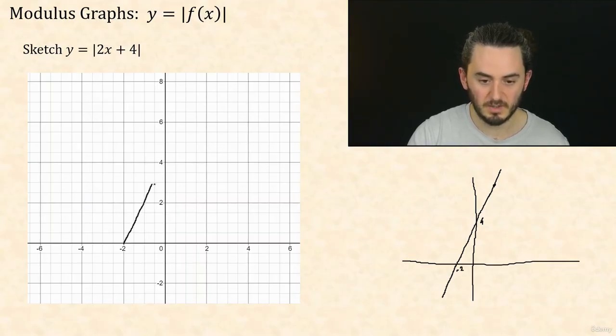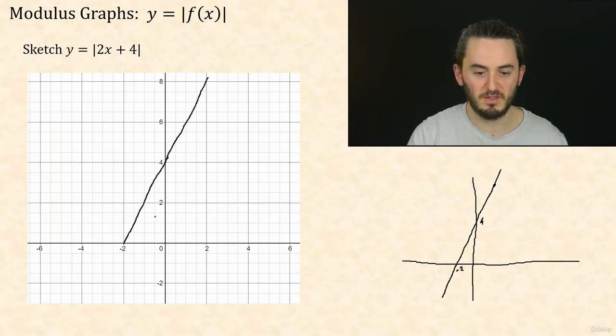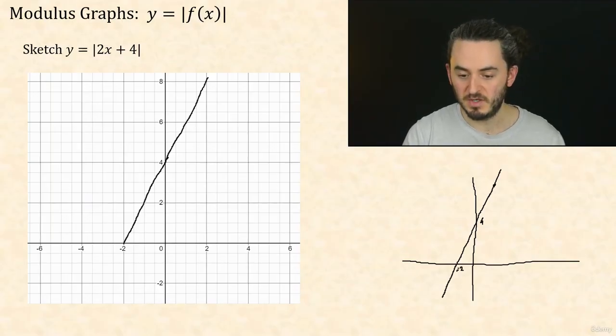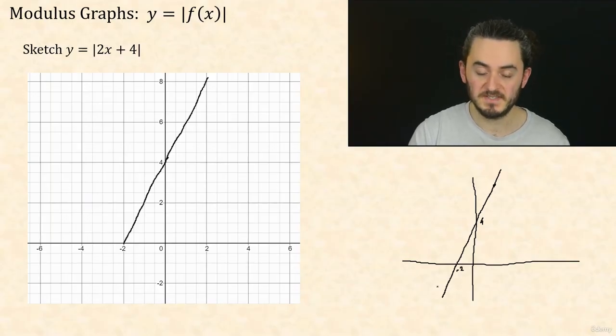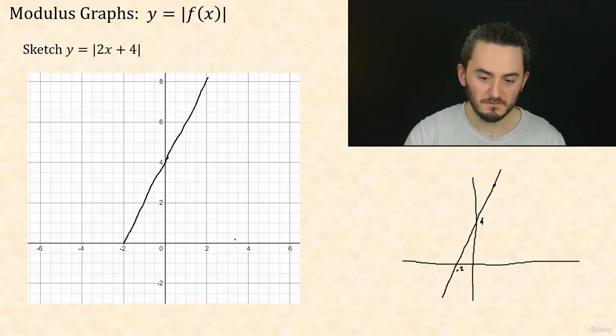So we're going to end up with all of this stuff being totally the same, and you would, of course, use a ruler rather than freehand. But then this whole section down here, well, that's negative, so it's going to get multiplied by minus 1, and the effect is it's just going to get reflected up like this.